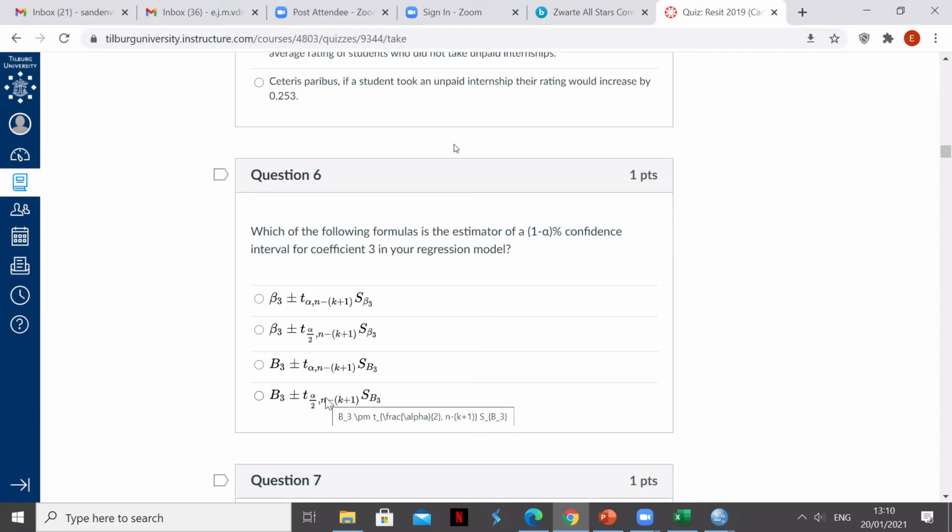And why does that really matter? Because we want a confidence interval. So you have to cut off alpha in total, but you have to cut off alpha divided by 2 at both sides. Because if your alpha is 0.05, you have a confidence of 95%. And you want thus an interval of 95%. It's like this two-sided testing.